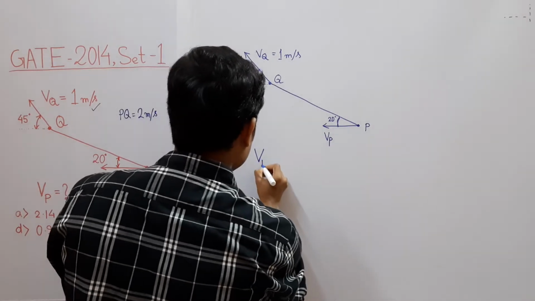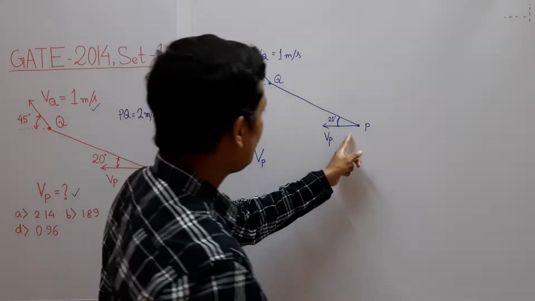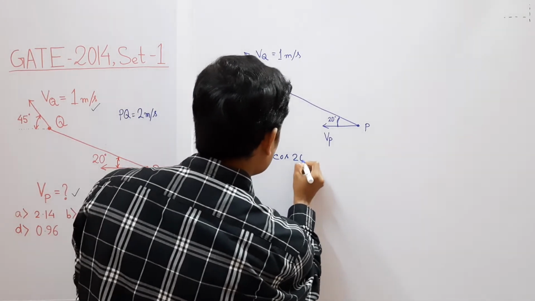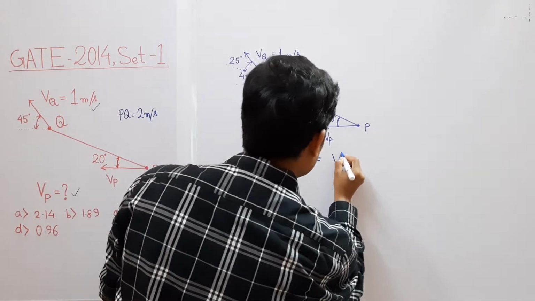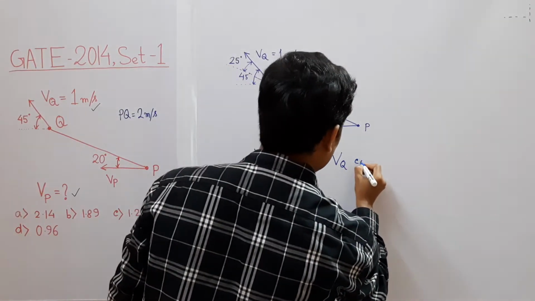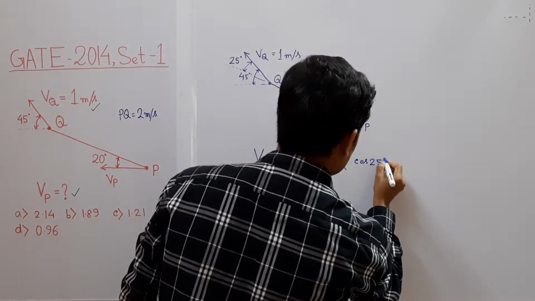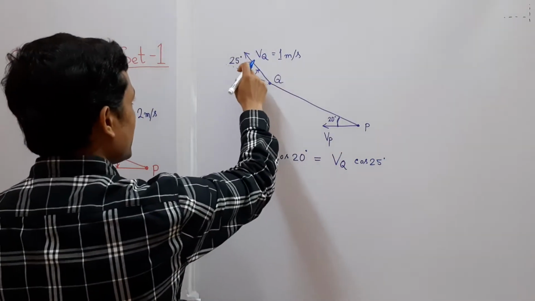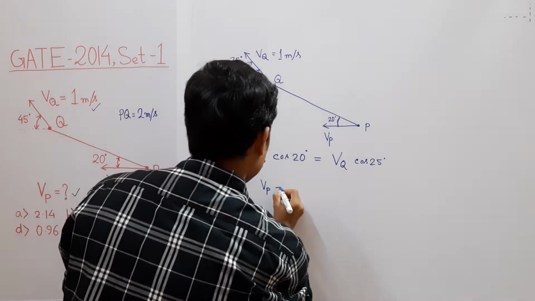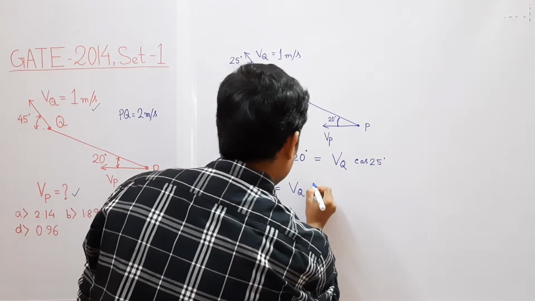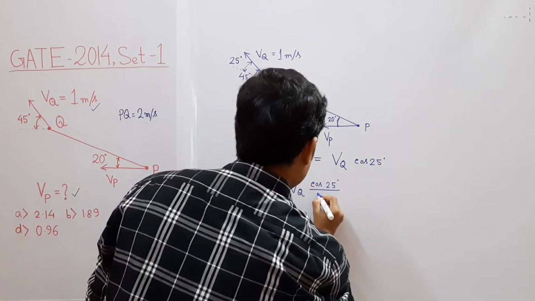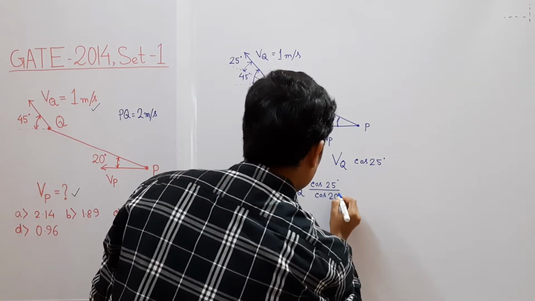So the component of Vp along PQ is Vp cos 20 degree. That will be equal with Vq cos 25 degree, as Vq makes an angle 25 degree with PQ. So Vp is Vq cos 25 degree by cos 20 degree.